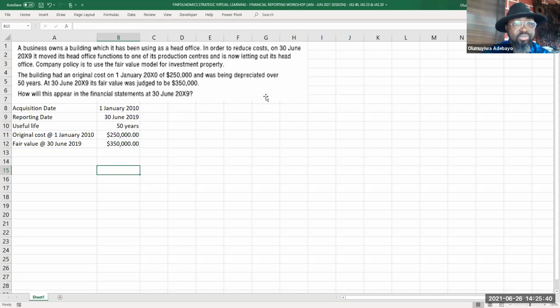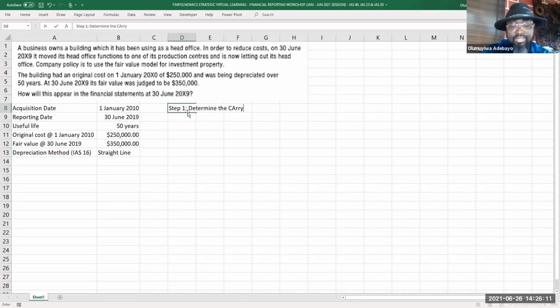I think I put all the variables there. Therefore, let us assume depreciation method will have been straight line except otherwise stated, under IAS 16. Now, step 1 is to determine the carrying amount as at the point of transfer, 30th June 2019.